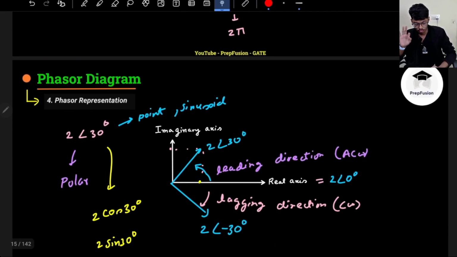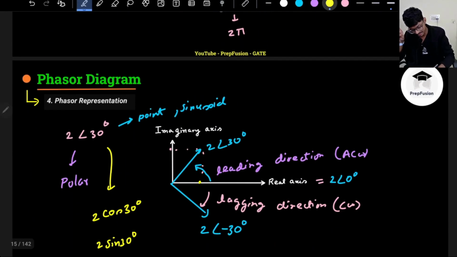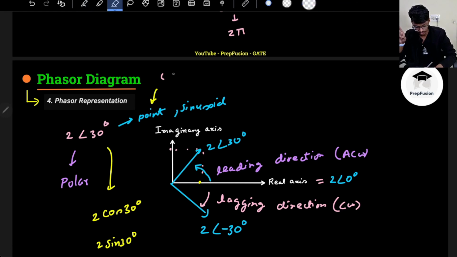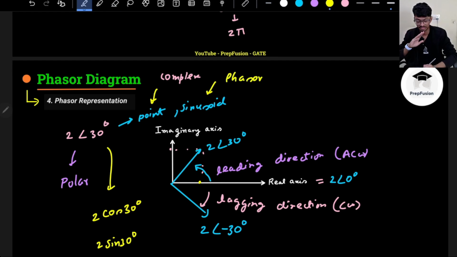So in complex numbers it is just a point. Students who have studied complex numbers will understand this. In complex numbers it is just a point, but in our phasors, in AC analysis and the whole network theory lectures, it is a sinusoid.